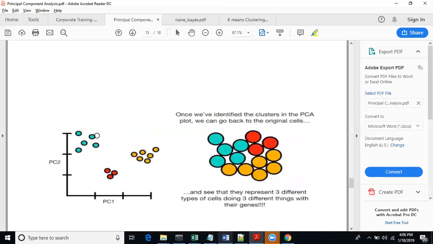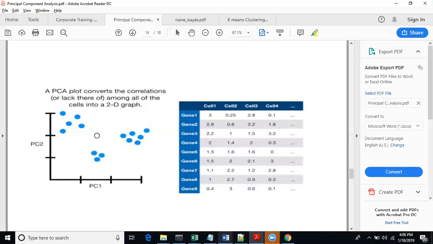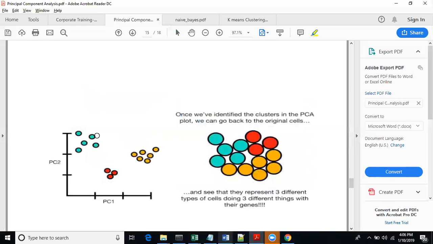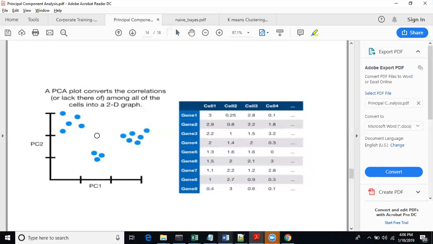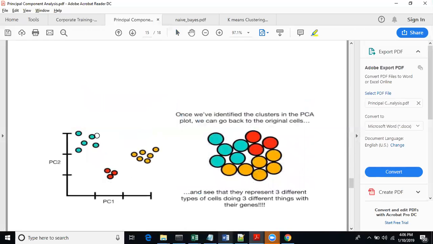After that, you will plot it with, let's say, different colors, and that will make you visualize these things. And then we identify the internal meanings of that.